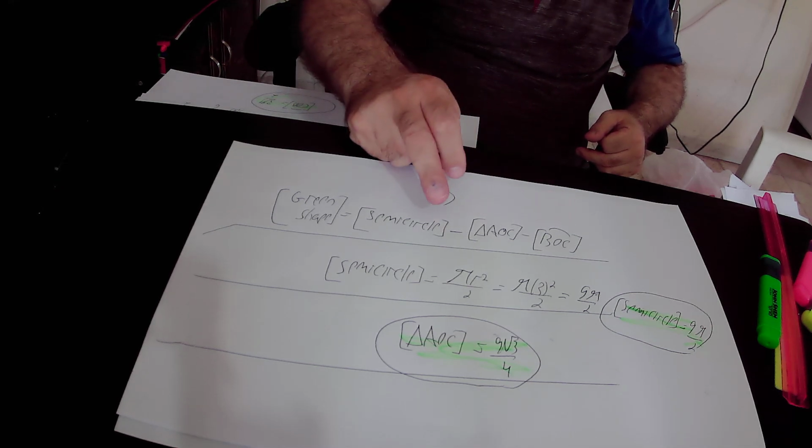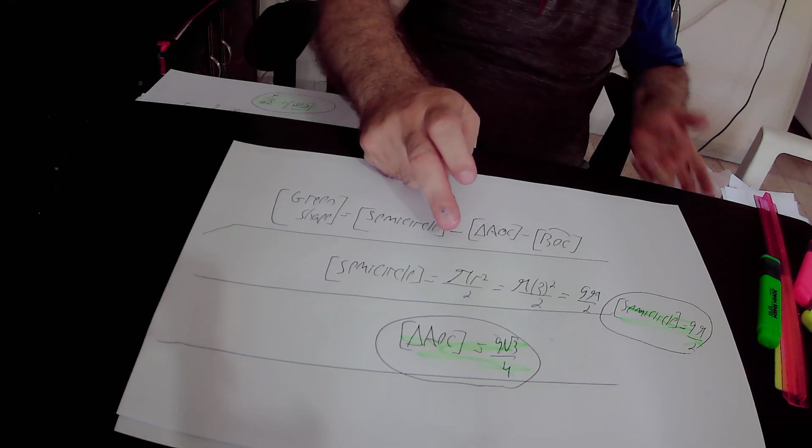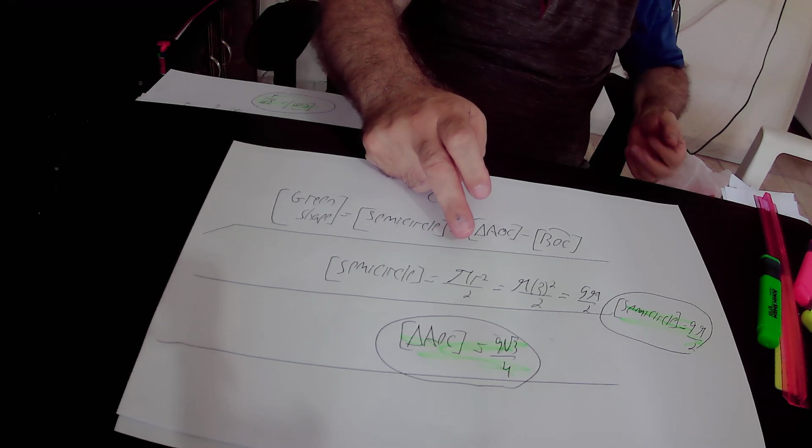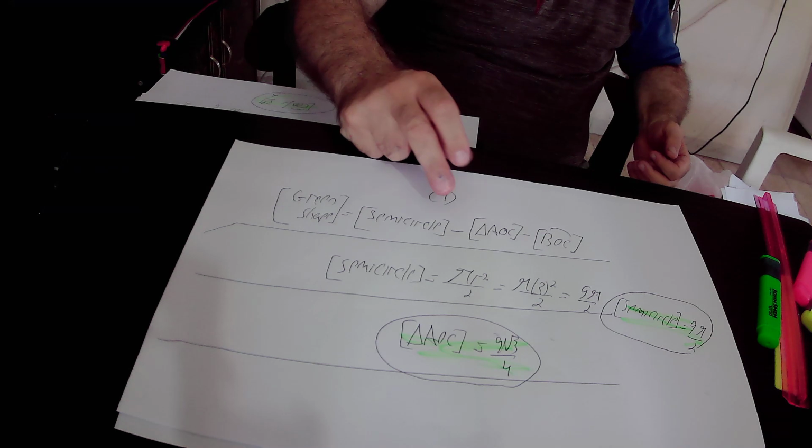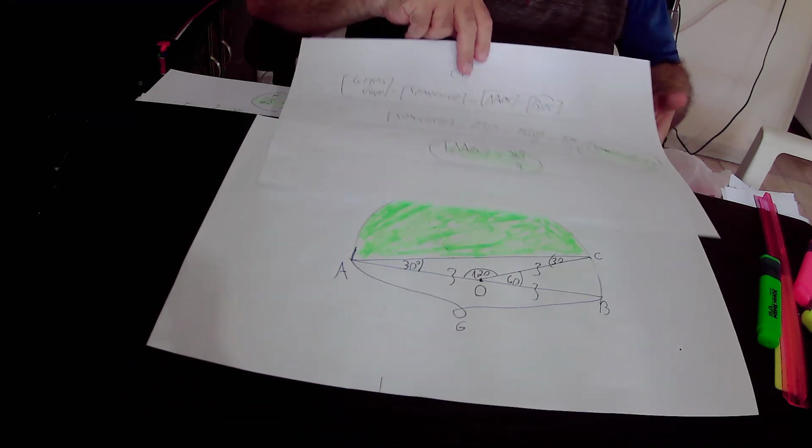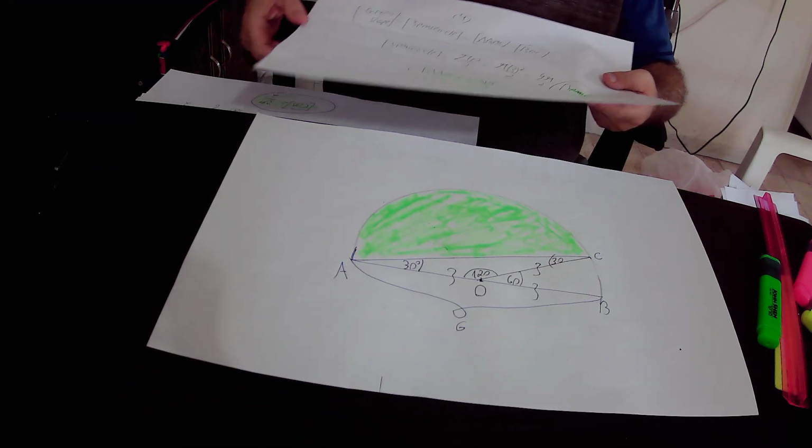The area of the semicircle is the area of the circle over 2, that is to say, pi r squared over 2. Here R is the radius of the semicircle, that is equal to 3 units.